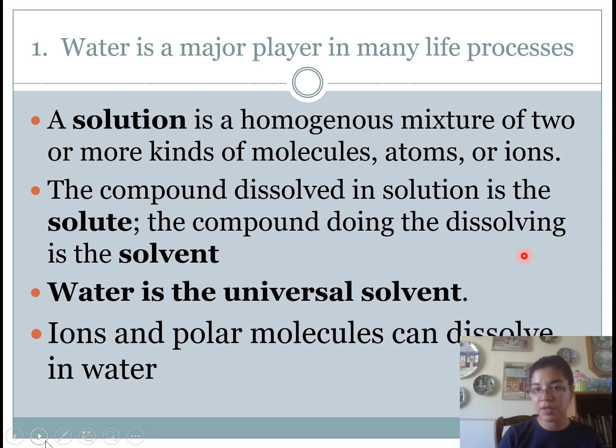This forms the solution, where the solute is a compound dissolved in the solution. The solvent is the water, and what is created is a homogeneous mixture of two or more kinds of molecules, in this case, the water with the sodium and the chloride.